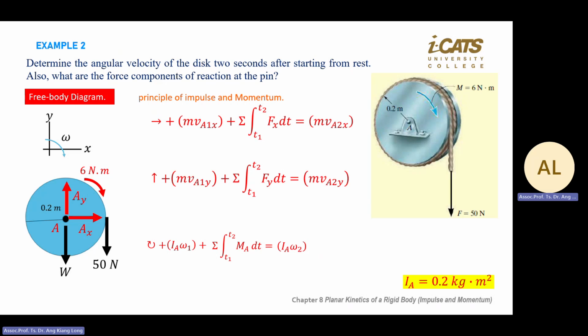Put these three equations inside your answer sheet there. mv plus integration of F dt equal to mv2, broken into x and y. X moves to the right positive, y moves up positive, and angular velocity I omega plus integration of M dt equal to I omega 2, and you fix that you follow the motion of the body, clockwise positive.